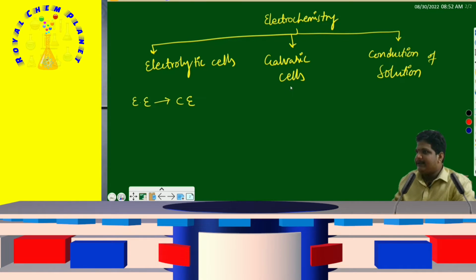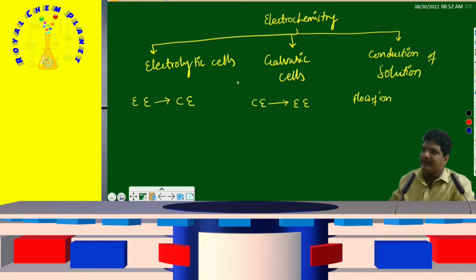In the case of galvanic cells, due to a chemical reaction, electrical energy will be produced, so chemical energy is converted into electrical energy. In the case of conduction of solutions, electrical energy passes through the ions, due to the flow of ions.